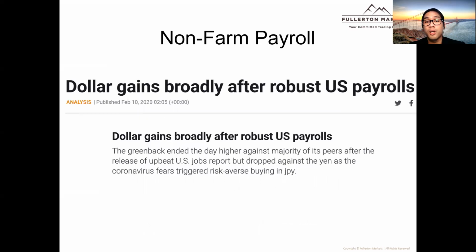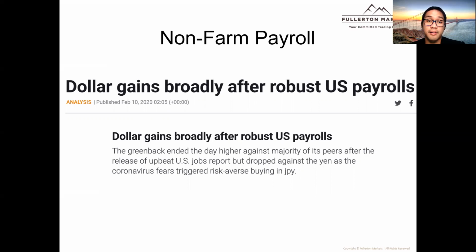Let's move on. We have the NFP, all right? The dollar gains broadly after robust US payrolls, all right? The greenback ended the day higher against a majority of its peers after the release of an upbeat US jobs report, but dropped against the yen as the coronavirus fears triggered risk-averse buying in JPY, all right? So based on this, we have quite a lot of information.